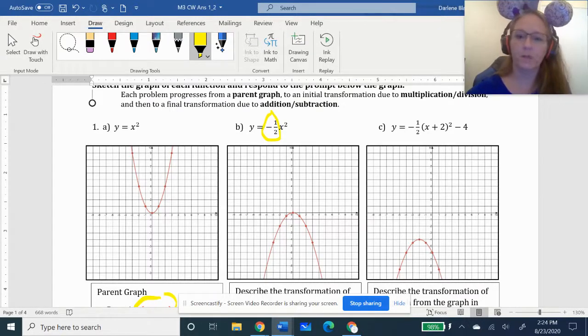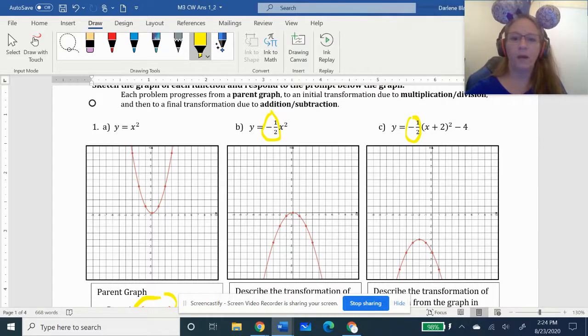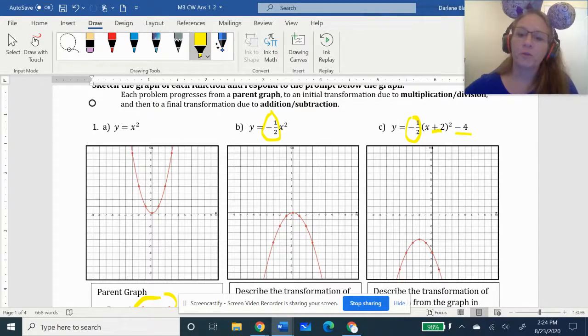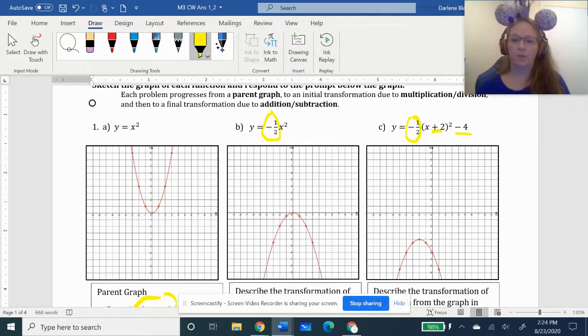Now, notice in part C, I have the multiplication by negative 1/2 there still. The change is the plus 2 minus 4. When you are adding or subtracting to the x inside the function, you have to actually look at the opposite operation. So you are thinking subtract 2, opposite of addition, left 2.